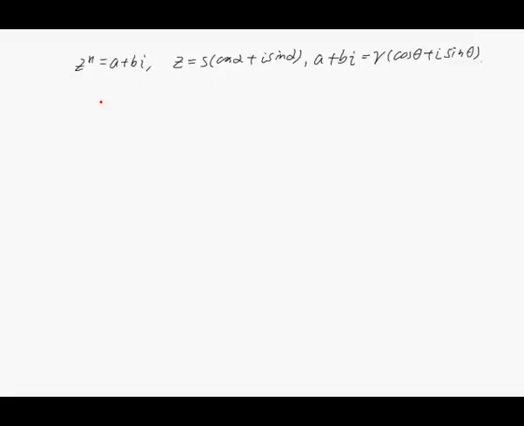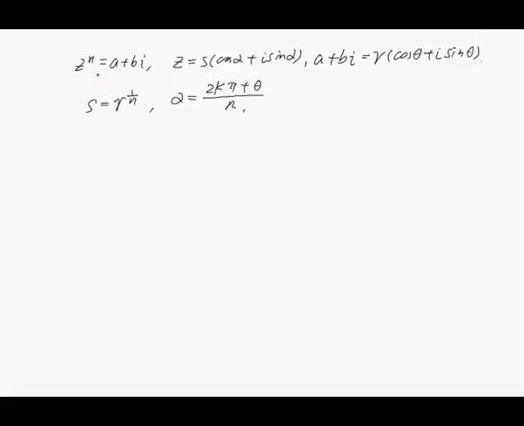So when we try to solve this equation for z, then we get such solution. s first is equal to r raised to the 1 over n, the nth root of r, right? And then alpha is equal to 2k pi plus theta over n. And we know for a polynomial equation, the number of the roots is equal to the degree of this polynomial.